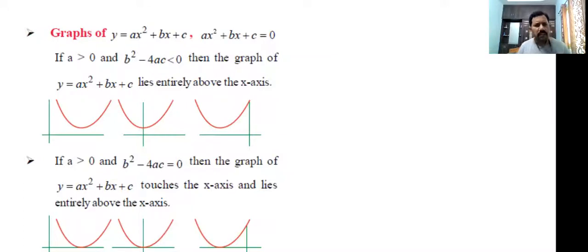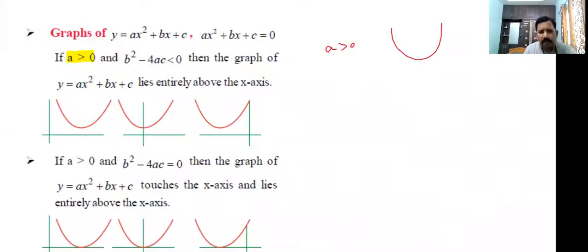Today I am going to discuss graphs of quadratic equation, ax square plus bx plus c is equal to 0, and the quadratic expression also. See that first one: if a greater than 0, the curve is upwards.